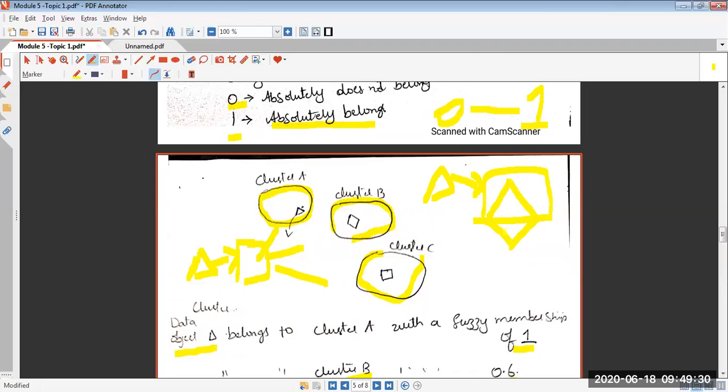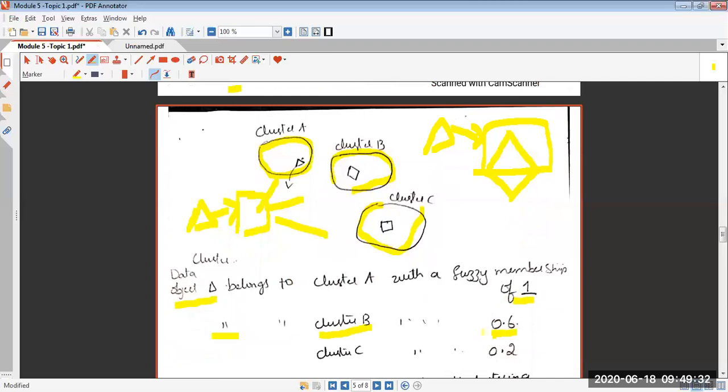So that is the meaning of this 0.6: the input that you have given, the triangle, is maybe 50 or 60% similar to the objects in cluster B, compared to 100% similarity to objects in cluster A. Please note, like that it is trying to create a relation in terms of weightage in a range of 0 to 1.